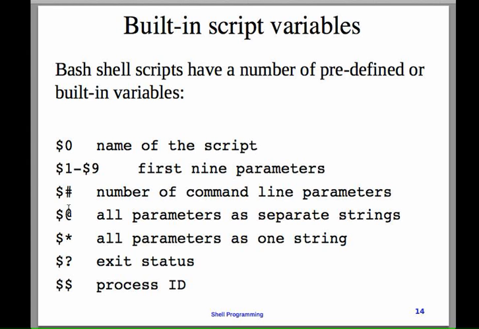You can also get all the parameters as separate strings using $@. You can get all the parameters as one string using $*. And then you also have this built-in variable called $?, which is the exit status. The exit status should be 0 unless something goes wrong, and then you set it equal to something else.